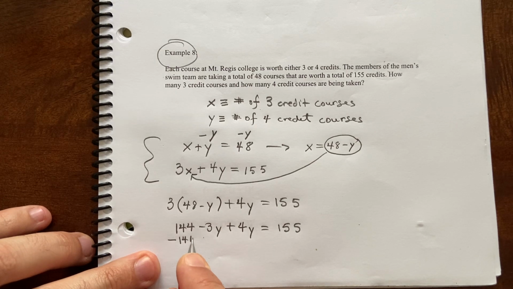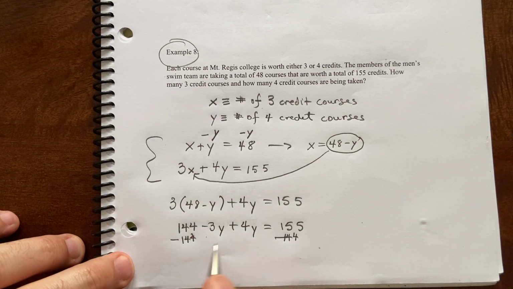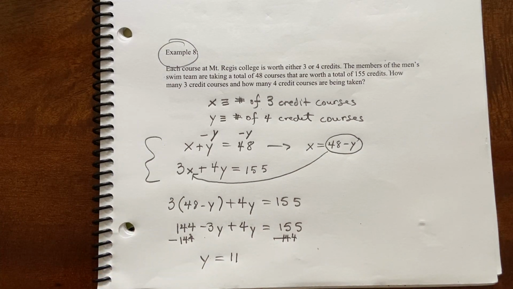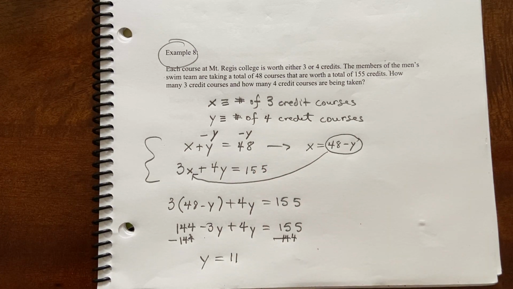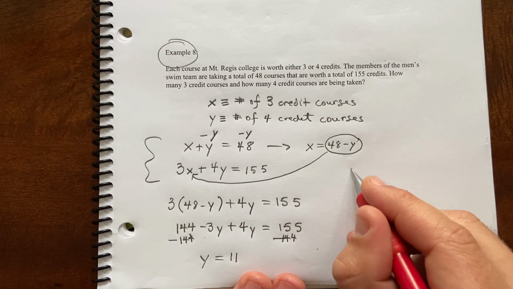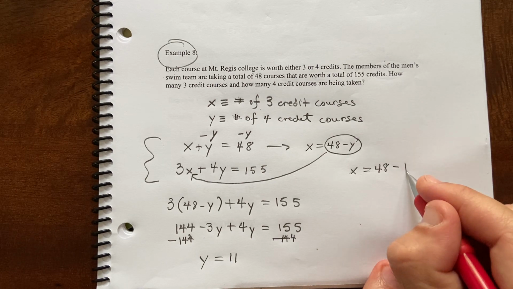Subtract 144. So also I can combine like terms. It looks like I get Y equals 11. So we just found that they're taking 11 4-credit courses, right? I know that this adds up to 48. So if I want to figure out X, I can take 48 and subtract 11, right?